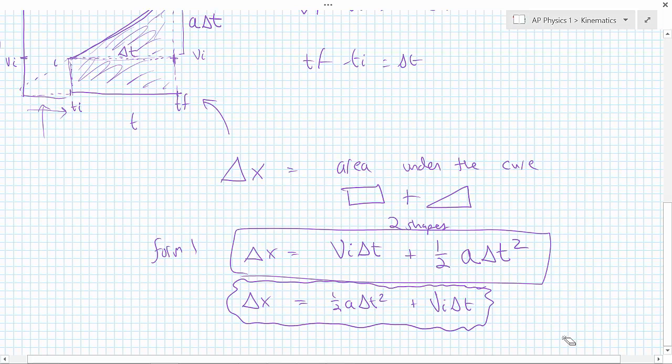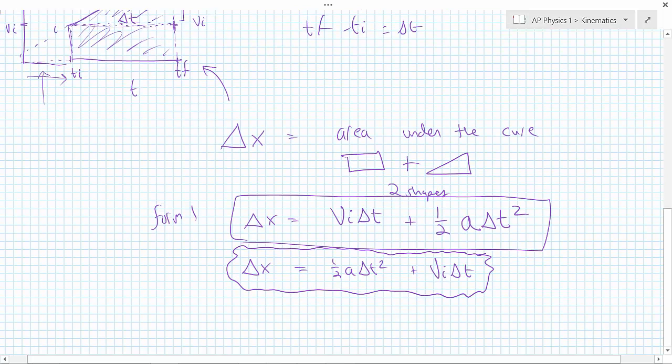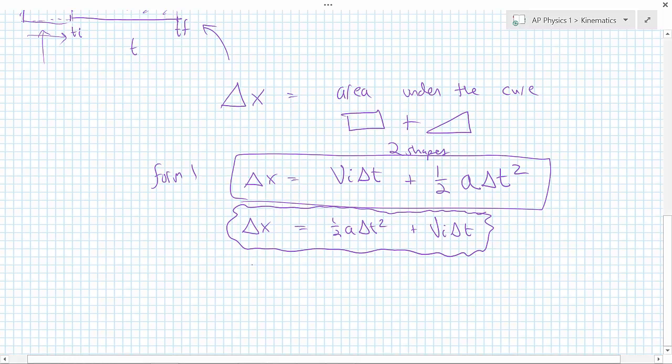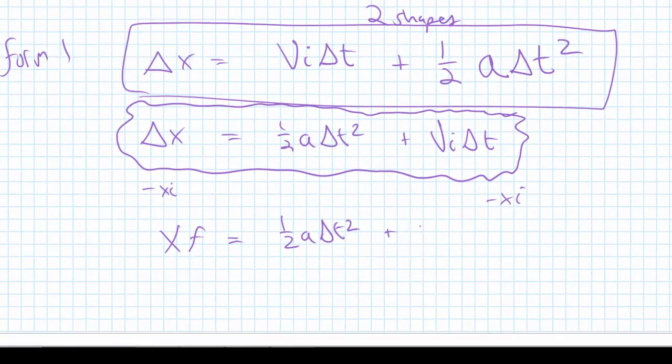And I also don't want to forget that I can rearrange this rather easily. Okay, remembering that delta x is just final minus initial. If I subtract xi from both sides, I'm going to get that the final position is equal to 1/2 A delta T squared plus Vi delta T. And then it's final minus initial, so I would have to add initial to both sides.